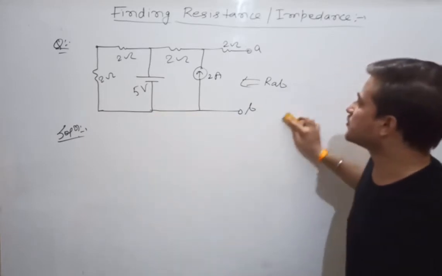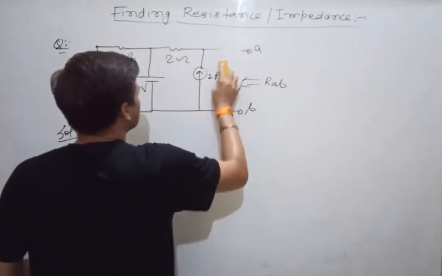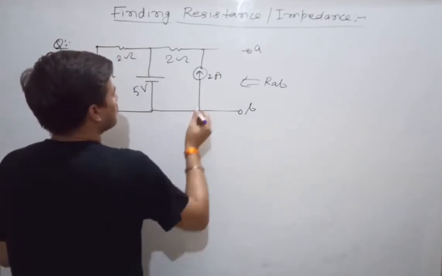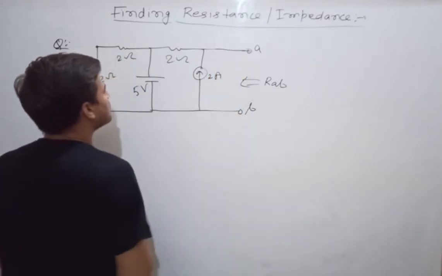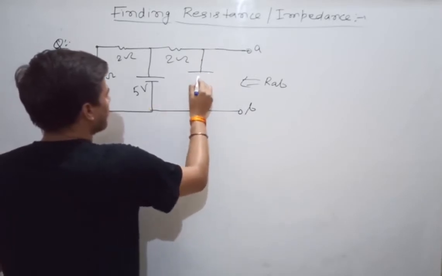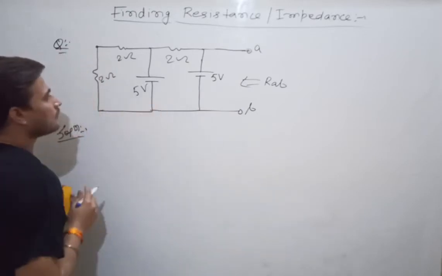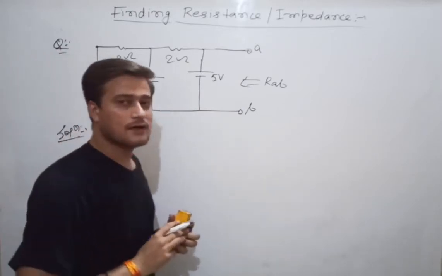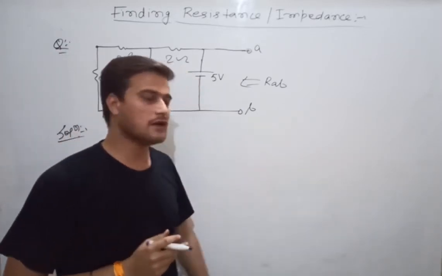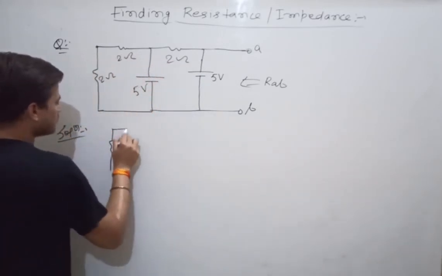Next, in the same question, suppose this has been removed and now you are having a voltage source here. Then what will be the value of equivalent resistance? Again you will deactivate the 2 ohm, 2 ohm.